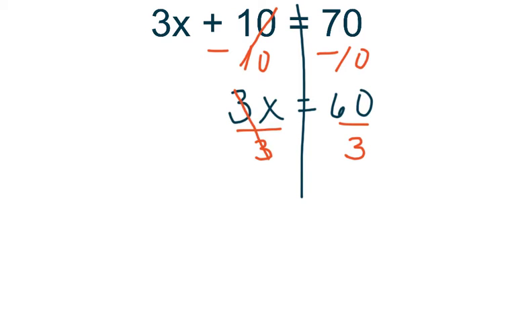It causes these to cancel, and now I've isolated my variable because the only thing left on this side is x, and over here I do the math, 60 divided by 3, and that's going to be 20. After you solve an equation, you can always go back and check it to make sure that when you take this 3 and multiply it by the 20, which is the x you just found, and add 10, you should get 70.